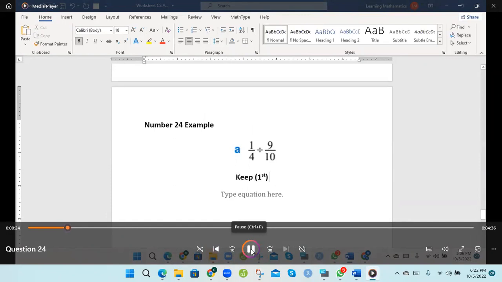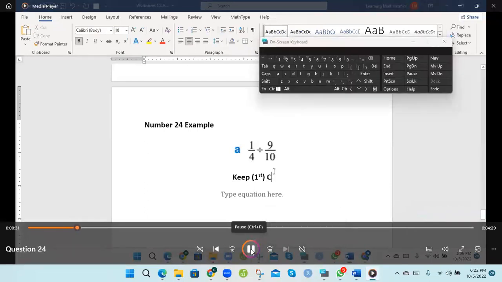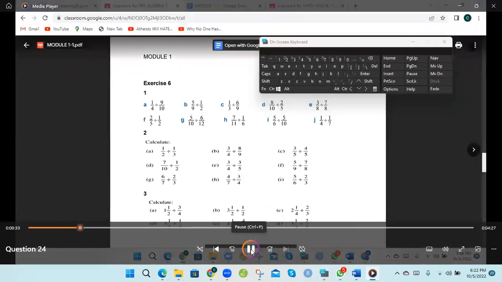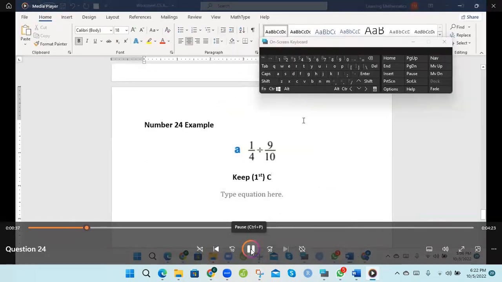So keep the first fraction, change division to a multiplication, and flip the second fraction.